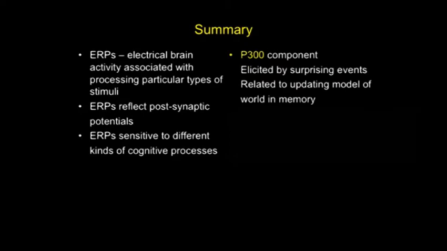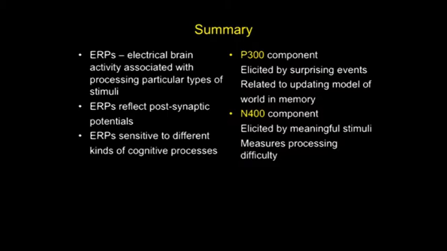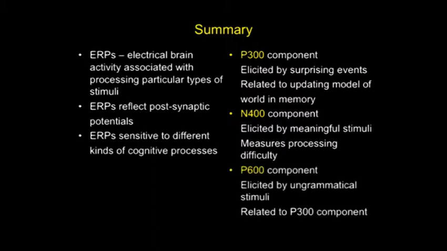As examples of different components of ERPs, we've used language comprehension, and we've described three components. The P300 component, that is elicited by surprising events, and it's related to updating a model of the world in memory. The N400 component, that is elicited by meaningful stimuli and measures processing difficulty. And the P600 component, that is elicited by ungrammatical stimuli and seems to be related to the P300 component.